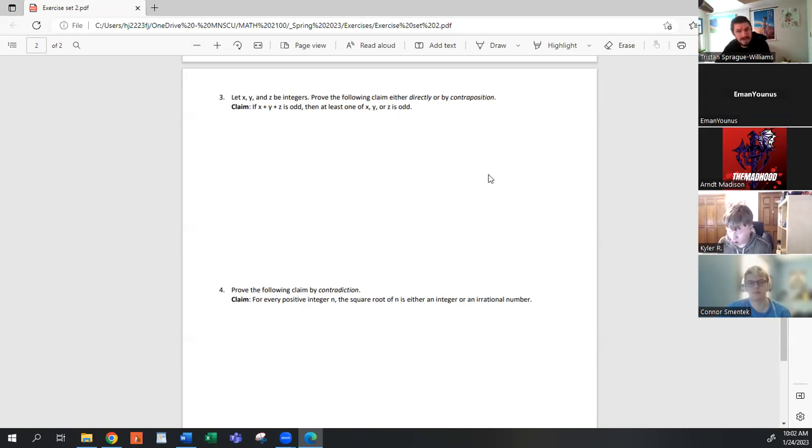Microsoft Word has a fairly intuitive system for doing mathematical notation. It's not the same one that I use. I don't use the built-in one. I use a different one. But it's up to you if you want to type it or write it by hand. Either way, I do want you to be following the guidelines in that document I sent you guys.